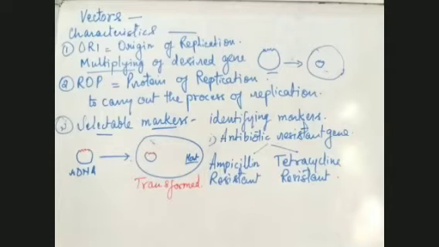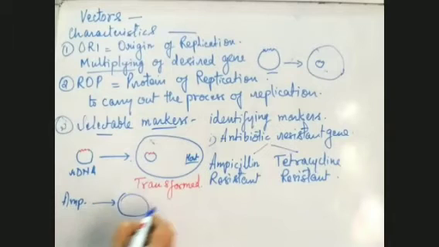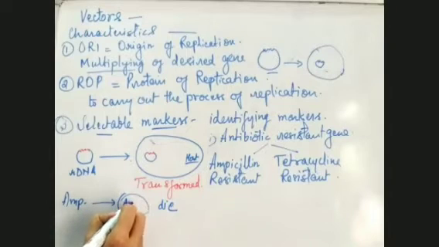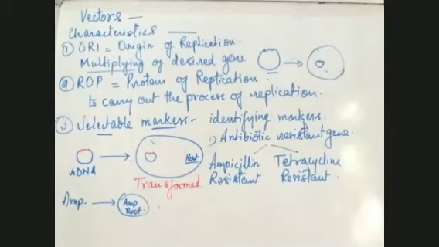Normally, if ampicillin, I'm writing only AMP, is given to a bacteria, the bacteria will die. But if this bacteria has an ampicillin resistant gene, it will not die. It will stay alive.